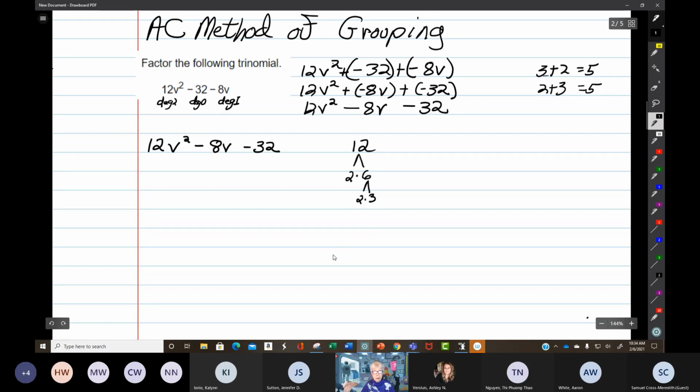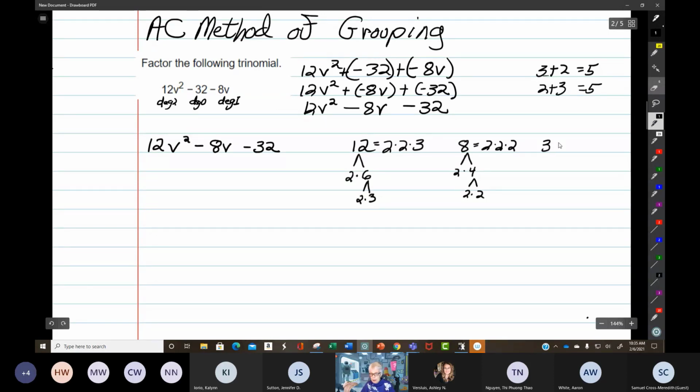They won't break down anymore except fractions. And we don't do that. Nice girls don't do that. Okay, so 12 equals 2 times 2 times 3. 8, forget the negative sign. 8 is 2 times 4, and 4 is 2 times 2. So 8 is 2 times 2 times 2.